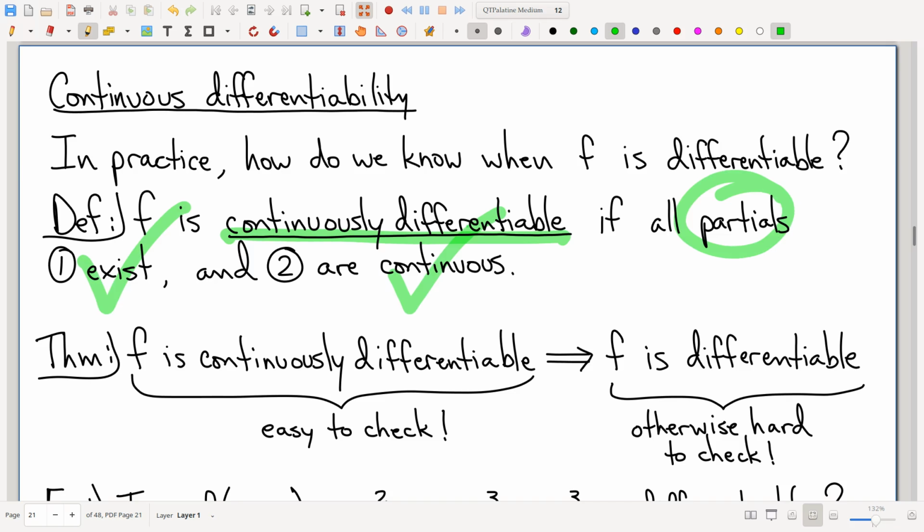It's really easy. Partial derivatives, for one thing, are the world's easiest derivatives to compute, right? That's nice. Checking if they exist, I mean, you look at it, right? You make sure there's no explosions. You make sure you're not taking a log of a negative number or dividing by 0 or something like that, right? So that's usually pretty straightforward.